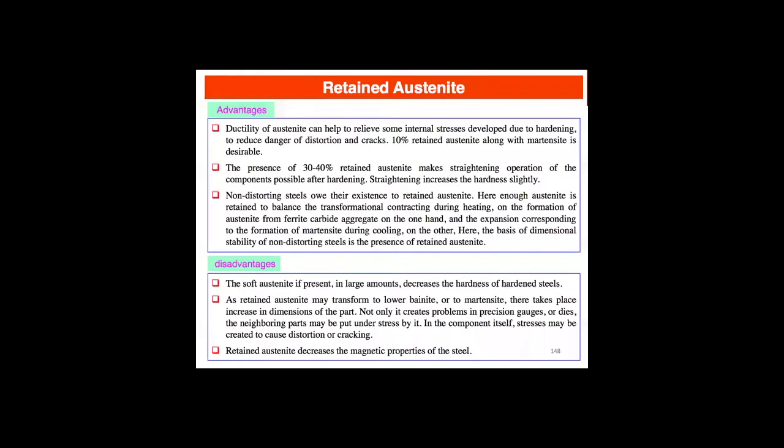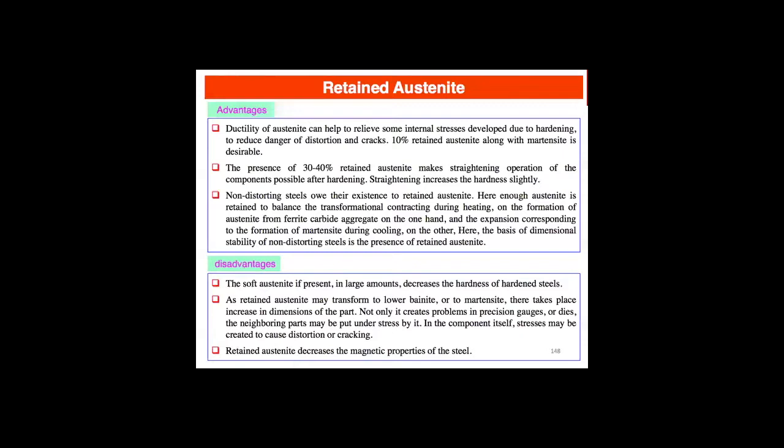You have increased ductility and increased formability. You can straighten after processing operations, and basically you have a much lower distortion on quenching than steels that don't have retained austenite.